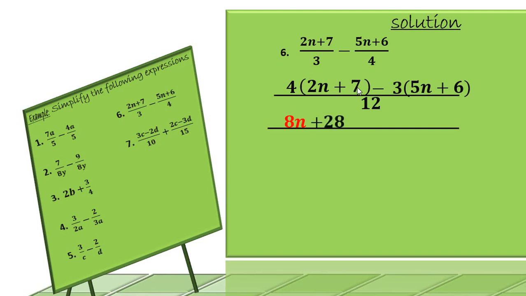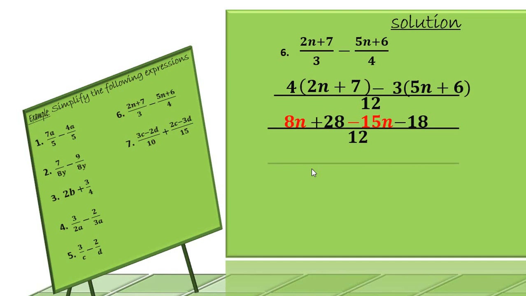Then I move to the side. Here is minus 3 multiplying 5n, that is minus 15n. Minus 3 multiplying plus 6, that is minus 18. So when that is done, then you bring down this 12 down here. At the numerator side, let's collect like terms. So let's bring the n terms together.